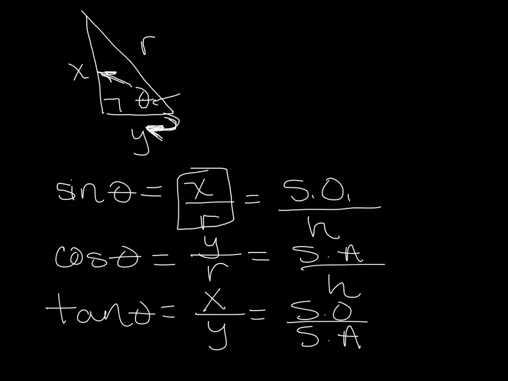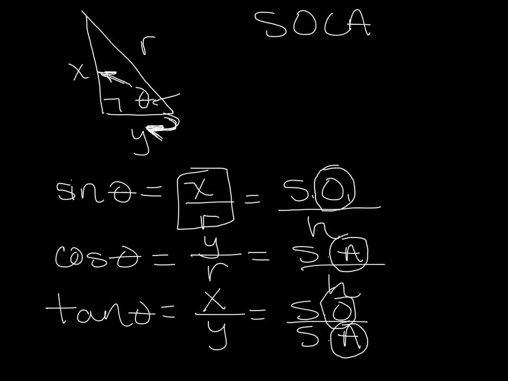A mnemonic that might help you remember that, we're going to call opposite O, adjacent A, opposite O, adjacent A. So one mnemonic that helps me remember that is if I do this. Okay. Some people just remember this as a word, SOHCAHTOA, and so that would be side.